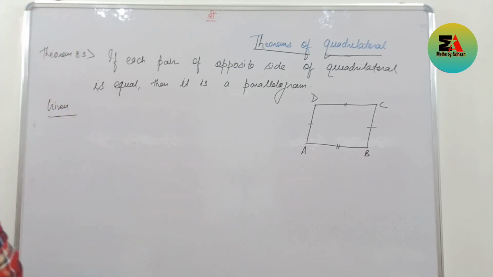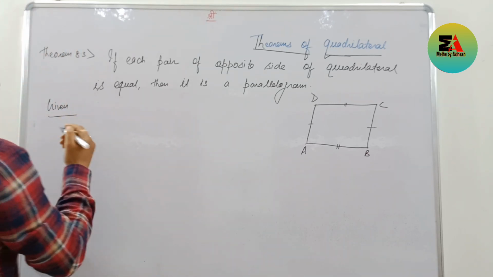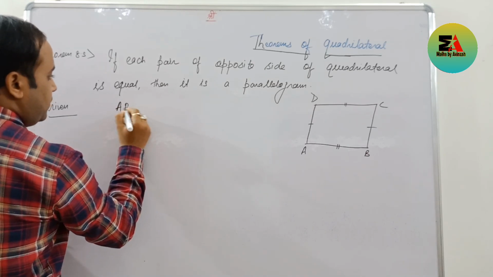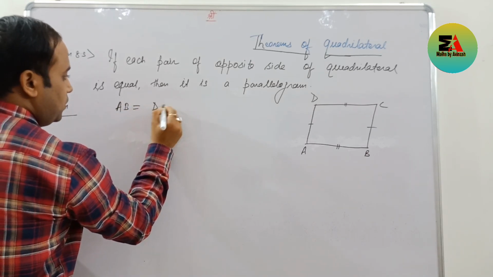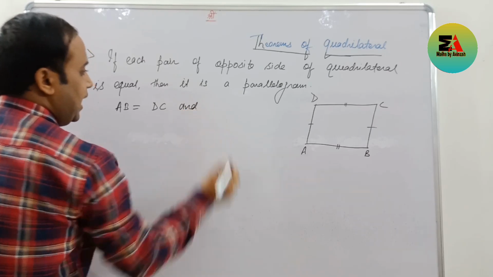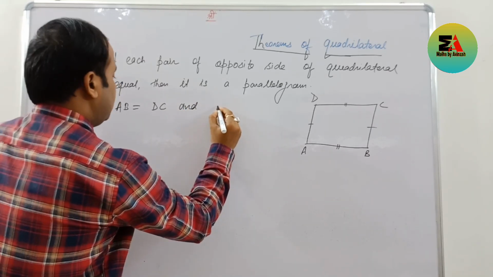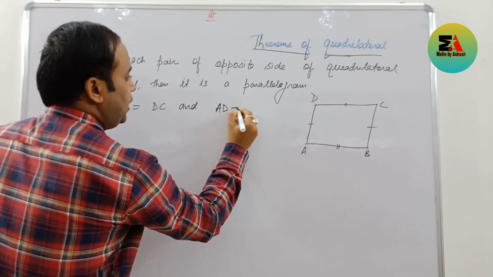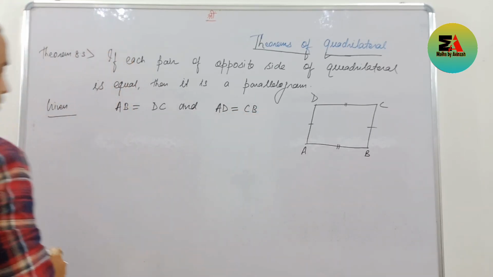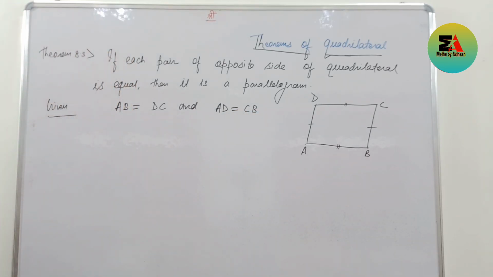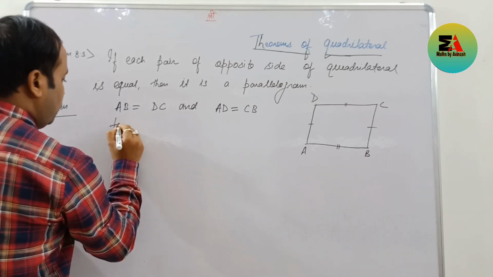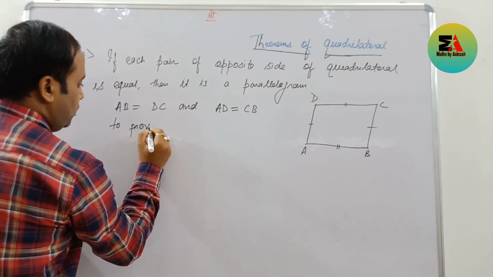Now write the given part. What is given? AB equals DC and AD equals CB. This is given. Both opposite sides are equal. To prove, what we have to prove?